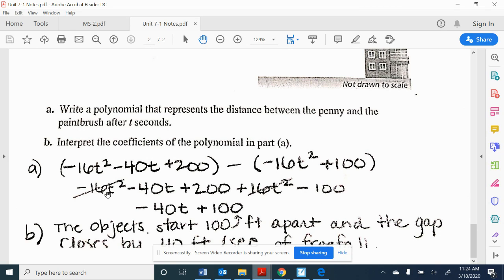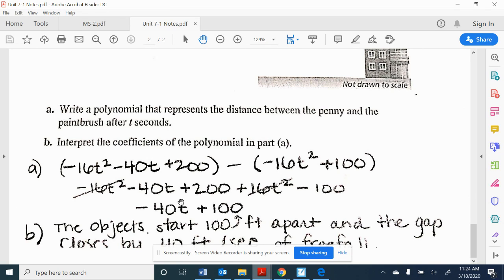Now let's combine like terms. Negative 16t squared and positive 16t squared, they cancel. Negative 40t, nothing to combine with that, plus 200 minus 100, that is the plus 100 that you see here.